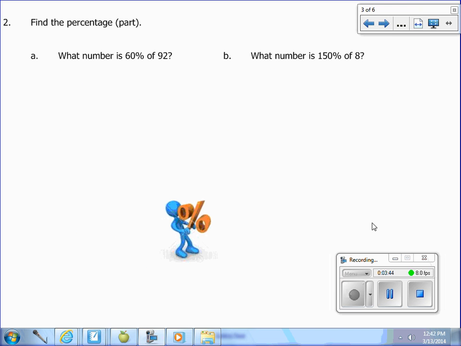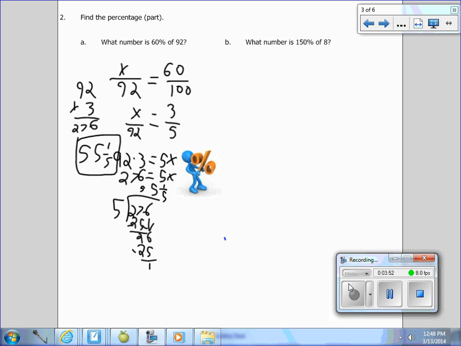All right, we have two more. I'm going to pause the video, set each of these up, and then let you come back and check your work. In 2A, we had what number is 60% of 92? In setting up the proportion, 60 will go over the 100 of the 100%.